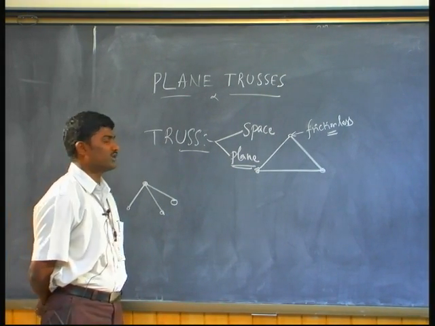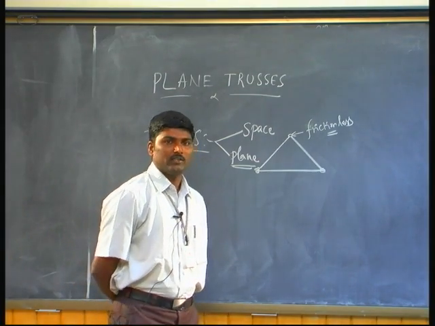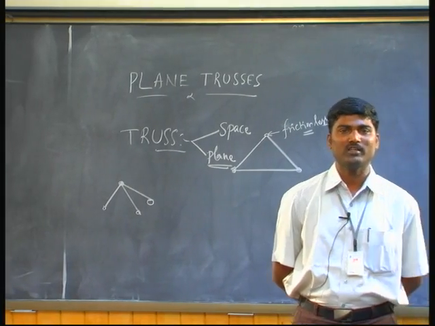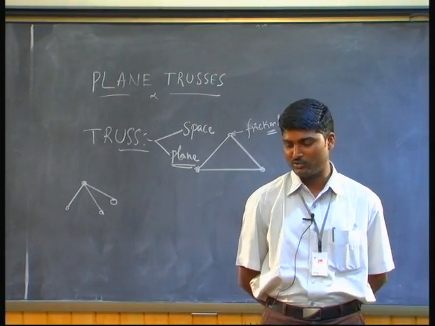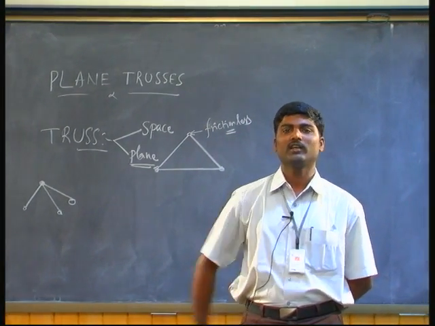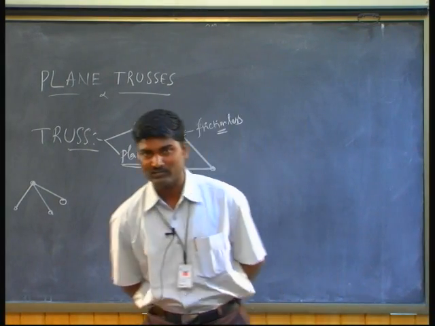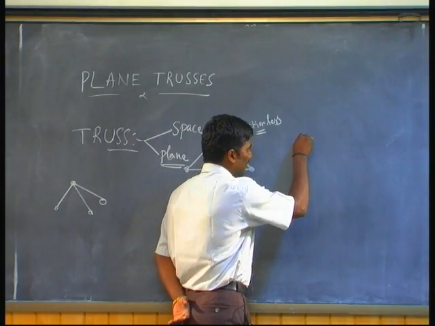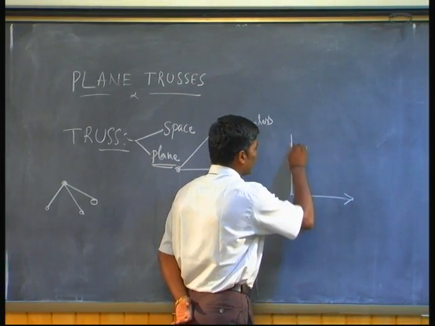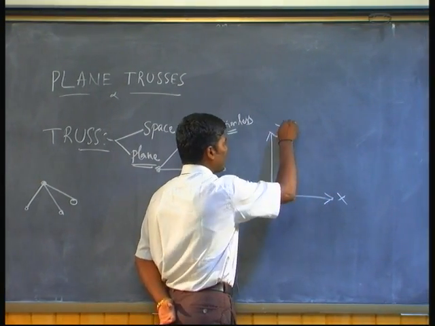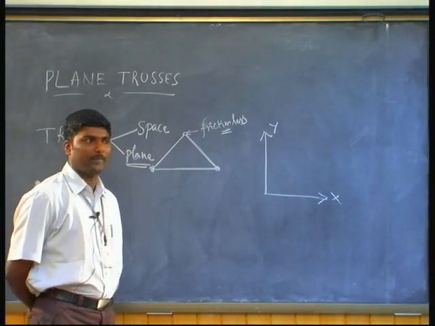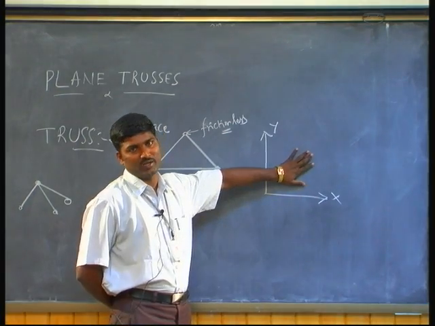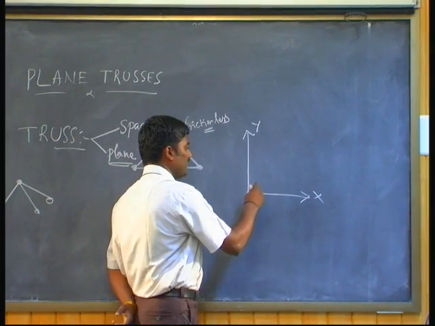Now, let us see what a plane truss is. I already told you that a truss means a system of bars which are connected at their ends to form a rigid framework. The plane truss means plane. A plane will be formed by 2 axes. So, if I take x, y axis, the plane I call the xy plane.